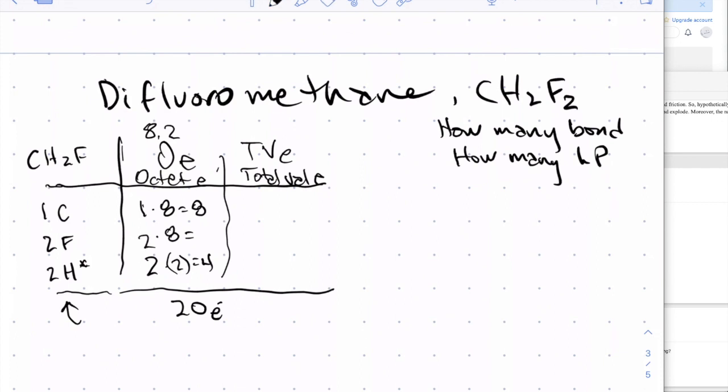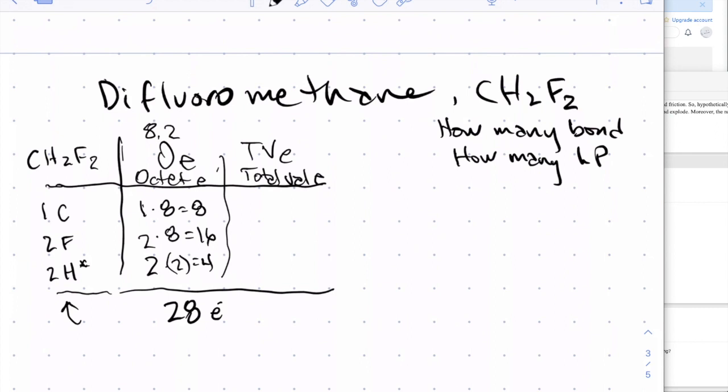There's 2 times 8, that's 16. And let me correct this as well. It's basically simple math errors like that that will throw you off. So 24 plus 4, that's 28. There's 28 electrons if each of these atoms in CH2F2 had a perfect octet.